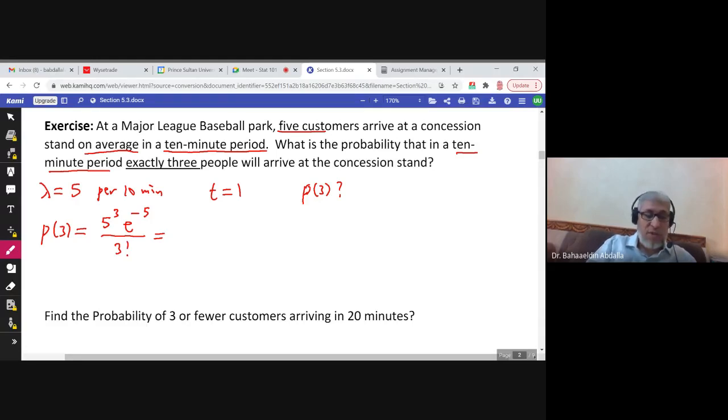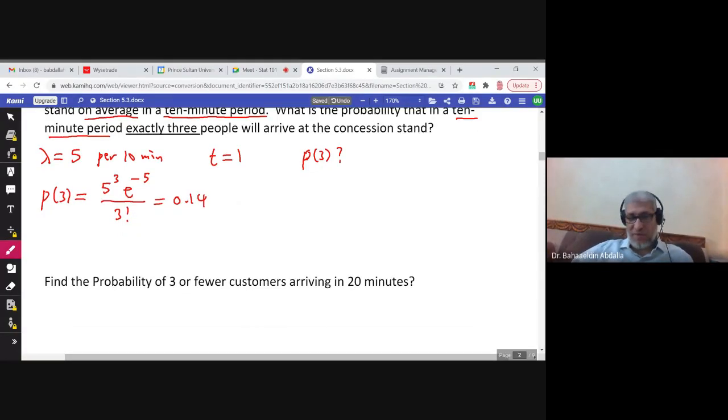You know how to use 3 factorial. The answer is 0.14. So that's the probability that 3 people will arrive in a 10-minute period. The average is 5. The probability that 3 will arrive is 0.14.